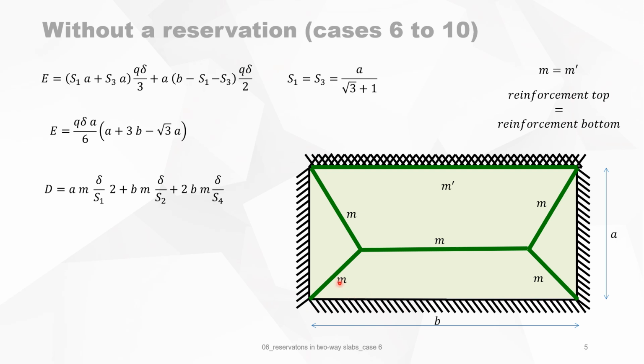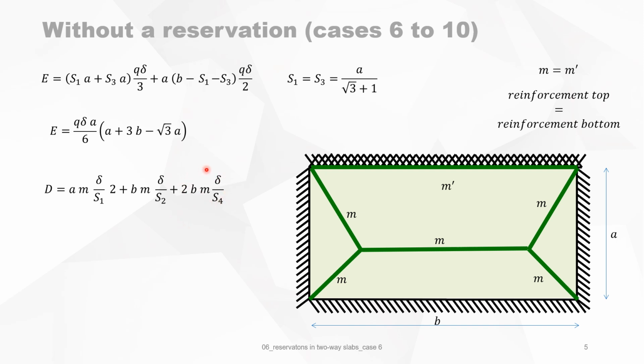And then we got M times B times the angle of rotation, which is delta over S2. So this is this case. We also have this bending moment rotating around this axis. So then we have M times B times delta divided by this largest distance, which is S4.